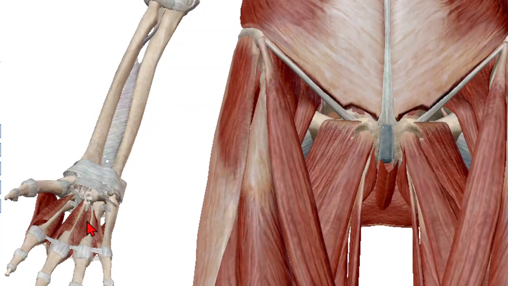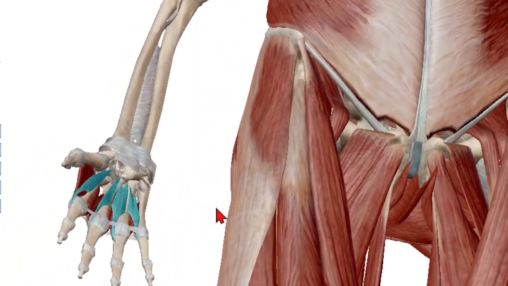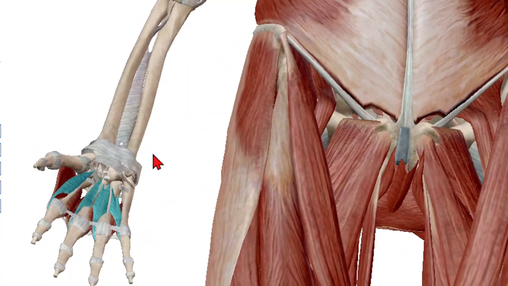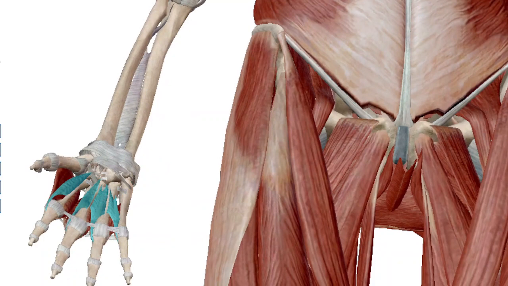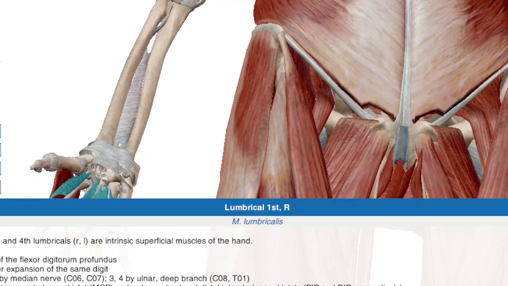Now again come here and see all the muscles. This is the fourth lumbrical. This is the third lumbrical. This is the second lumbrical. This is the first lumbrical. So you have to know about the lumbricals. Lumbricals actually arise from the flexor digitorum profundus tendon.